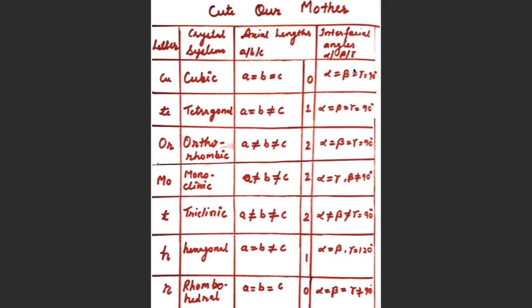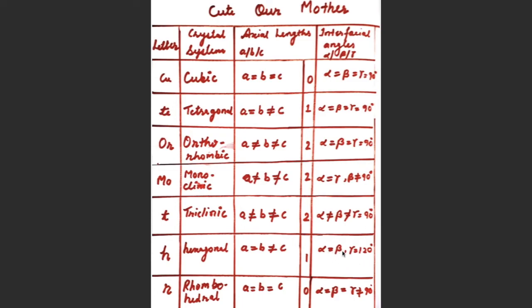How will we learn this? In three types of crystal system, all the angles are equal to 90 degrees, and then in the next, two angles are equal to 90 degrees, but one angle is not equal to 90 degrees. Next one, all three angles are not equal to 90 degrees, but the angles will be less than 120 degrees.